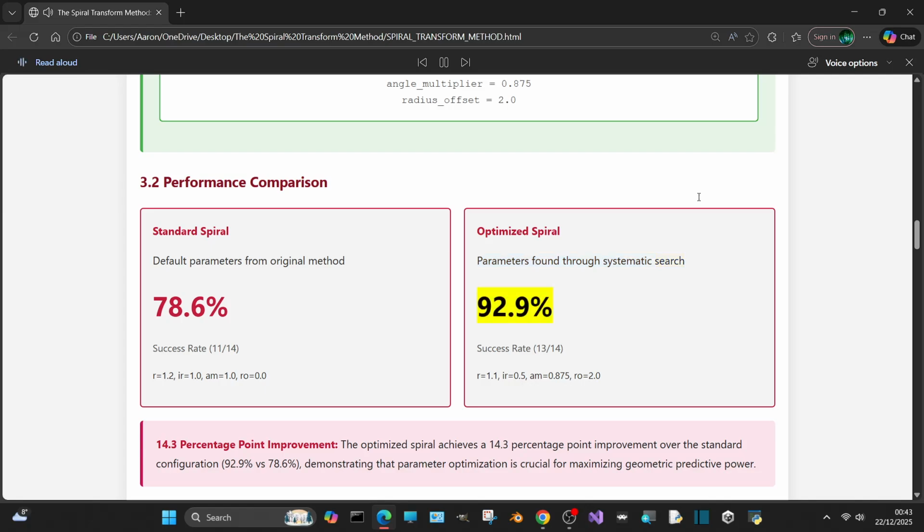Success rate 92.9%, 13 out of 14. r equals 1.1, initial radius equals 0.5, angle multiplier equals 0.875, radius offset equals 2.0. 14.3 percentage point improvement. The optimized spiral achieves a 14.3 percentage point improvement over the standard configuration, 92.9% versus 78.6%, demonstrating that parameter optimization is crucial for maximizing geometric predictive power.